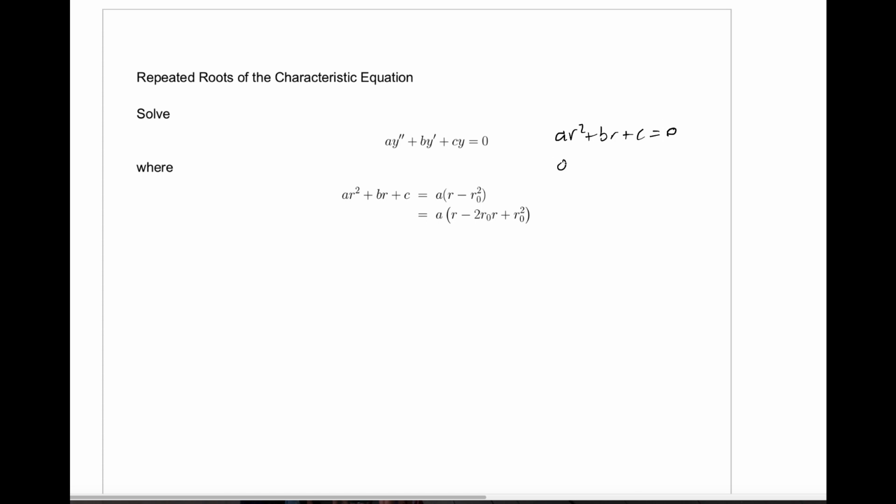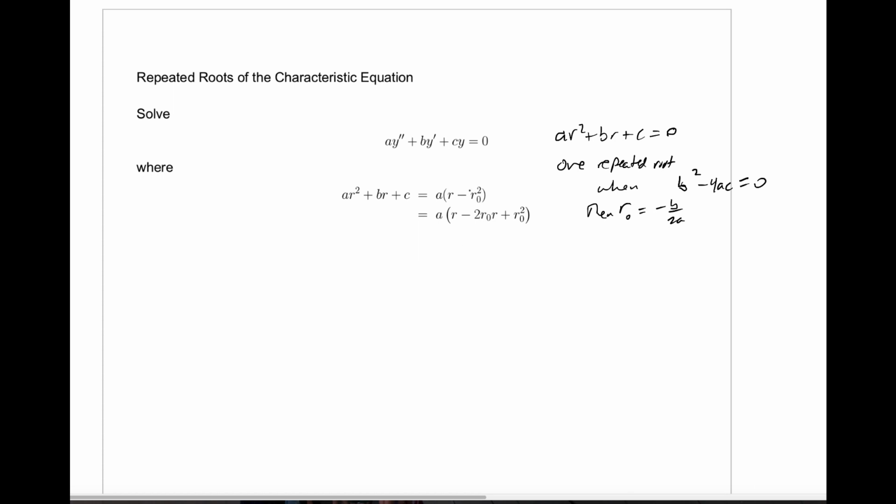So there will be one repeated root of the quadratic polynomial on the left when b squared minus 4ac, that's the discriminant, is 0. And in that case, that root we're going to call r naught will be exactly minus b over 2a. That just comes directly from the quadratic formula, and you can plug it in and check that.